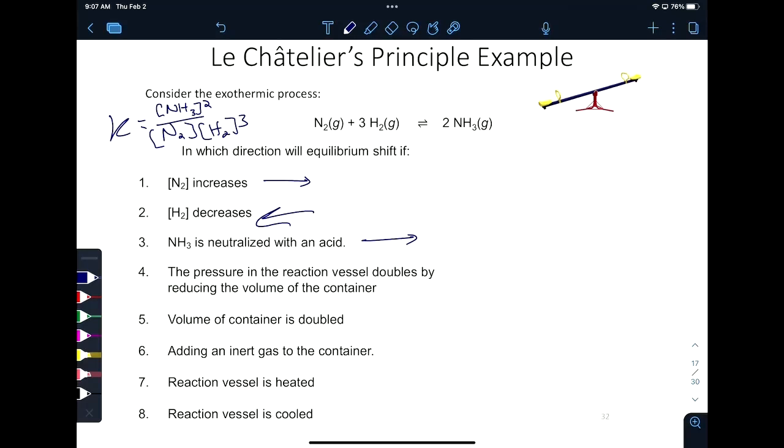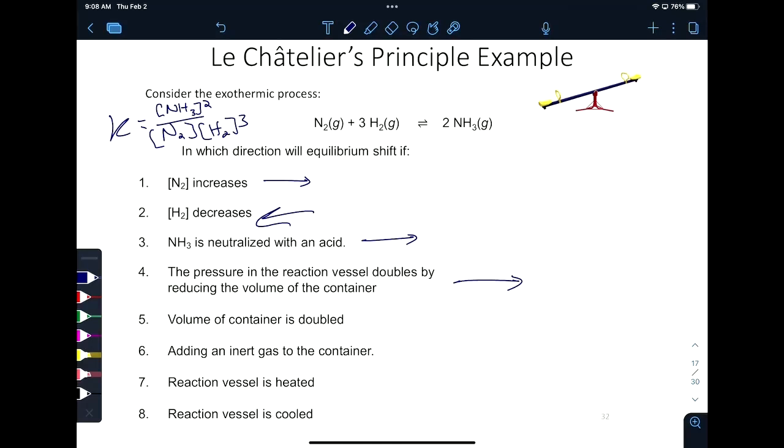What if we increase the pressure of the reaction vessel by squeezing the volume of the container? Yes, it is the forward direction. Because if we increase the pressure of this vessel, the pressures of everything increase.